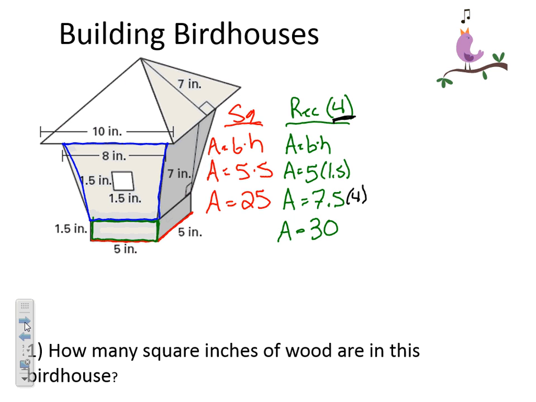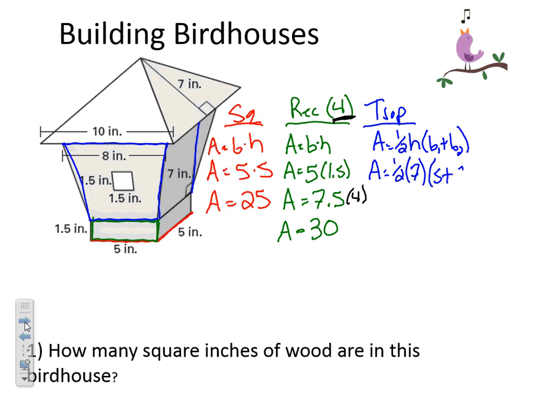Now if we move up to the next shape we have here, and this, ladies and gentlemen, is a trapezoid. So for our trapezoid, area equals 1/2 height times base 1 plus base 2. So area equals 1/2. My height, if I look over here, is 7. My base 1 is going to be 5 plus my base 2, which is 8.